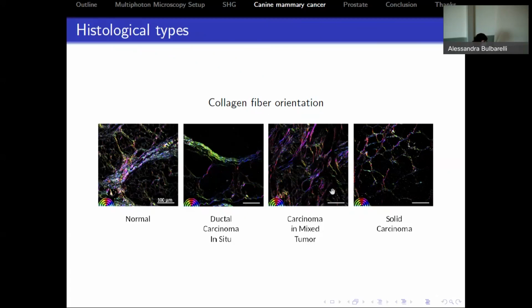Again, when you get to the mixed carcinoma, where the collagen fiber is spreading to many different regions as well, we have a colorful image, but with identified regions of well-aligned collagens. And in the solid one, we lose a lot of the collagen within the tumor because it's mainly cells. And then it gets to be more colorful again, but in a different pattern from the normal one.